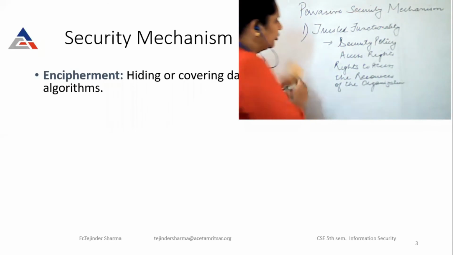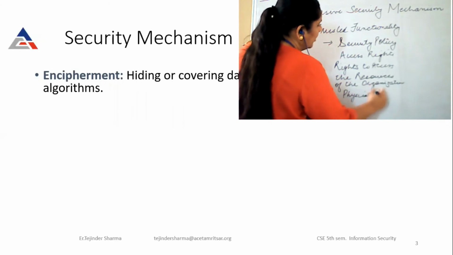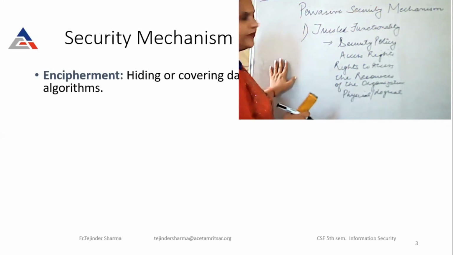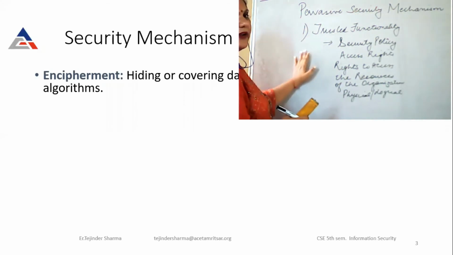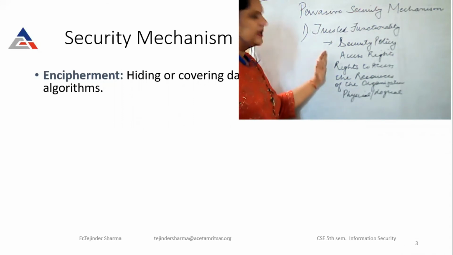That right could be physical access to the resources or logical access to your file, to your web server or the database server. Now, whenever you make some access, that is called an event. Whenever a person in the organization makes some access, it is called an event.